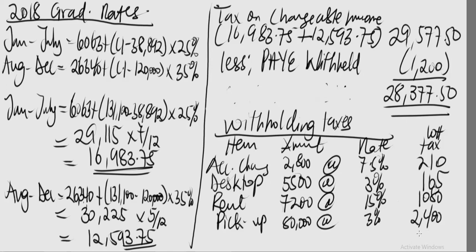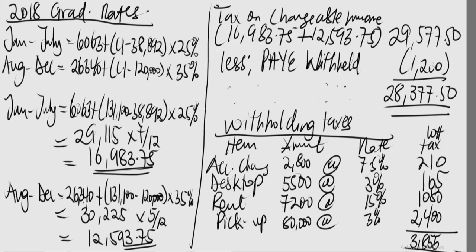I think that was all. So the total withholding taxes are 210 plus 165 plus 1,080 plus 2,400, which gives us 3,855.